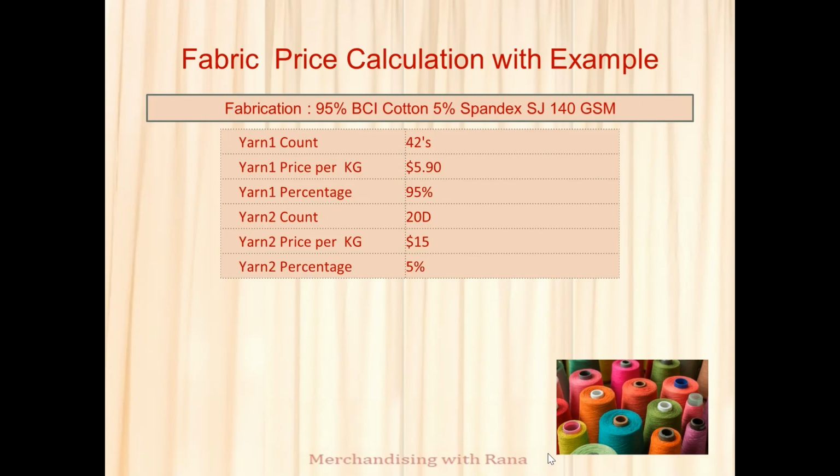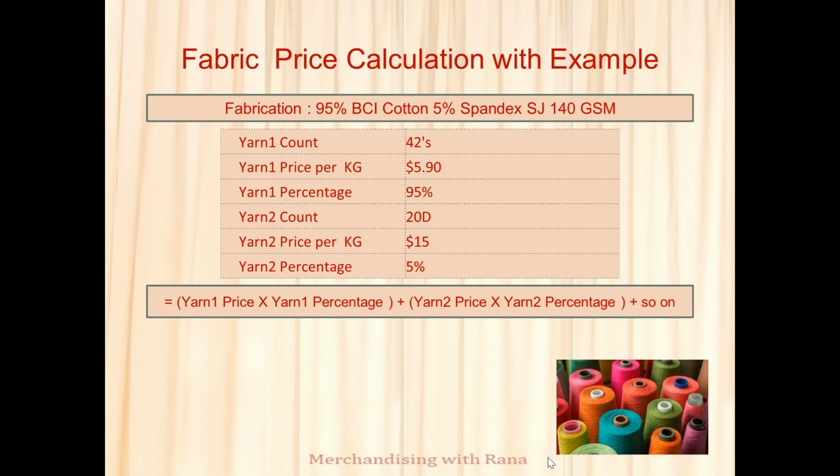In the same way, yarn two count, price and percentage. So it is a formula: yarn one price multiplied by yarn one percentage, plus yarn two price multiplied by yarn two percentage, and so on, if there is any other content in this yarn. Putting all these values in this formula, we get the yarn cost, like 6.36. You can put it in Excel or a calculator and you will get this value.